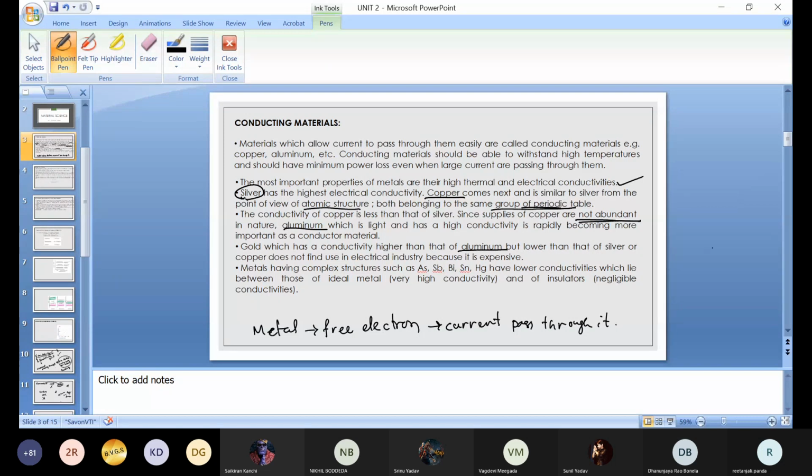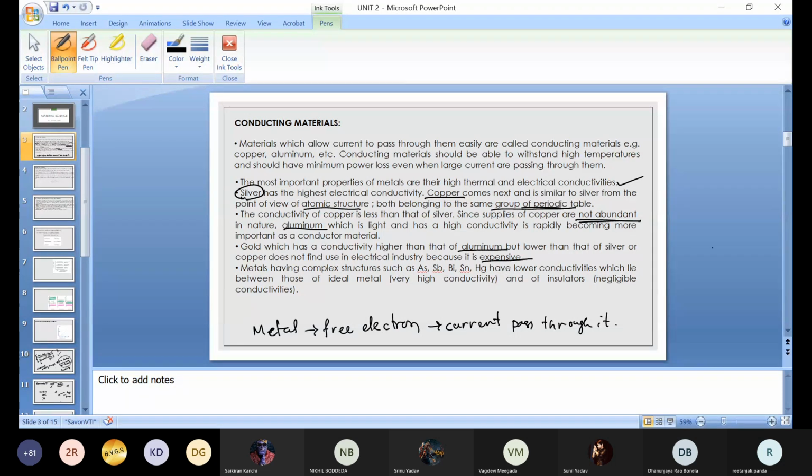But if we look at it, aluminum also has good conductivity of electricity, but less than gold. Gold has less than copper and silver, and aluminum has less than gold. Still, we are not using gold because it is very expensive compared to silver.